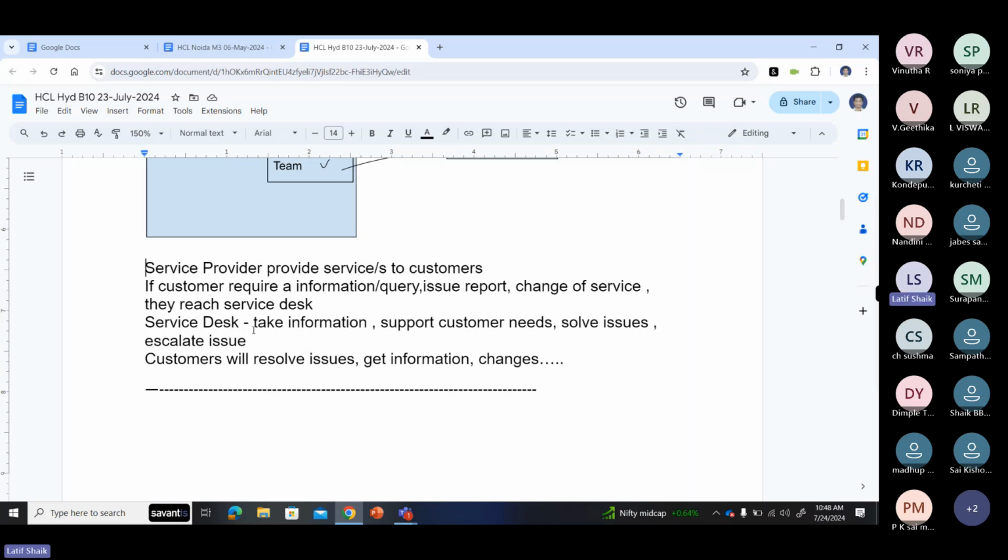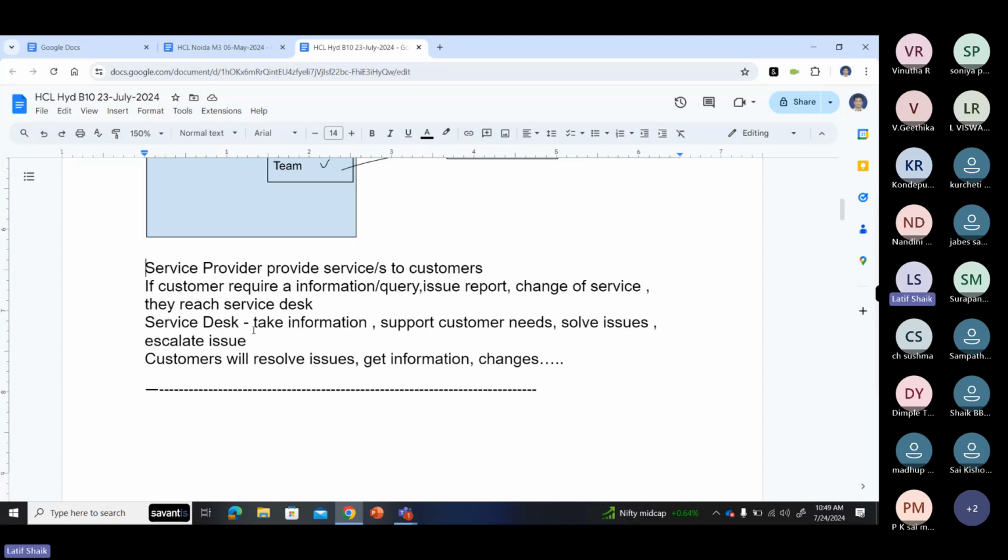And we discussed what is meant by a service provider and the customer, client or user. So here, the service provider provides a service and the client gets that service, right? Based on the client requirements, we are providing a service. Different types of services are there.